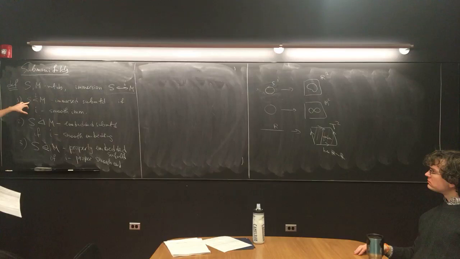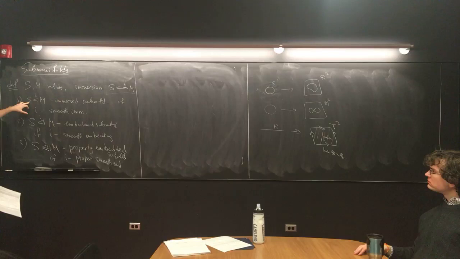And then you ask, is the inclusion map an immersion, embedding, etc. If it's not an inclusion map, if S is just some abstract manifold that is getting mapped into M, then you can look at I of S, and you can ask if that, as a subset of M, is now an immersed, embedded, etc. submanifold.